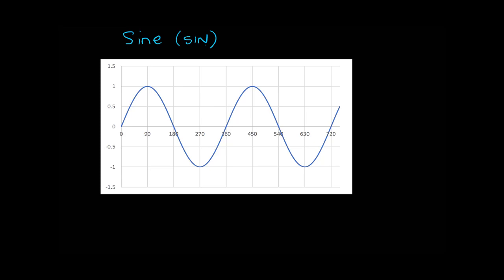In fact, what you'll notice is that this pattern repeats every 360 degrees, and this is known as the period of the graph. Other things to notice on this graph is that the maximum value that sine can ever take is 1, and the minimum value it can take is -1.